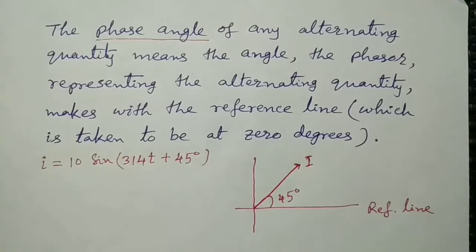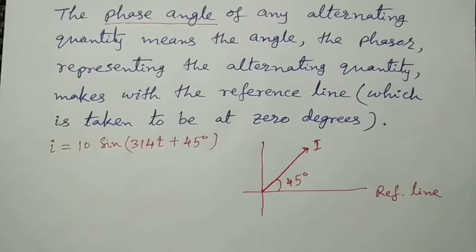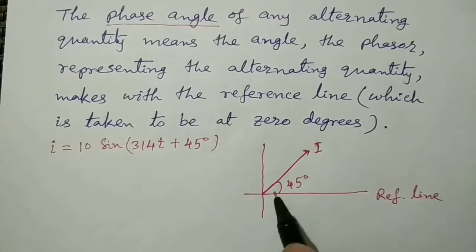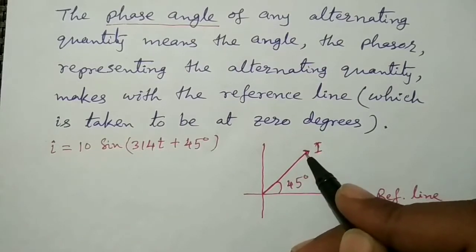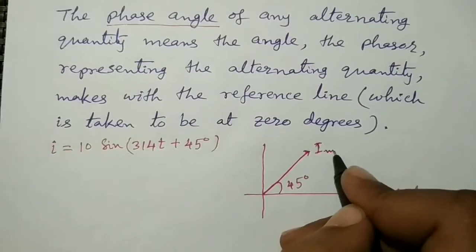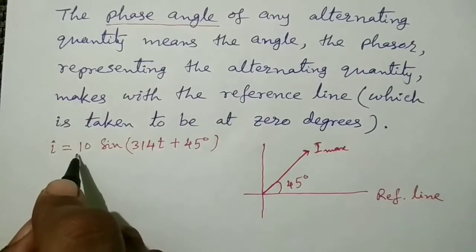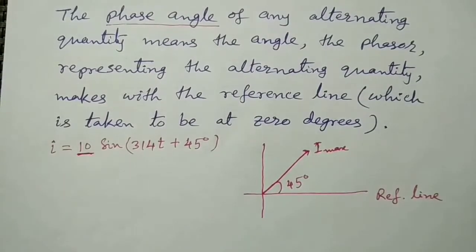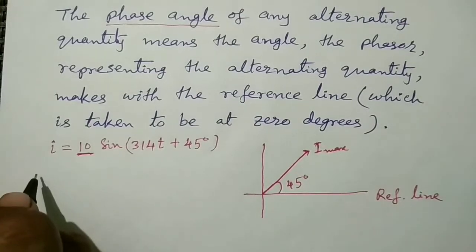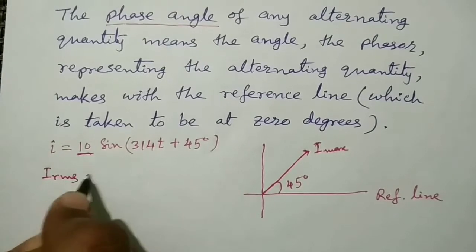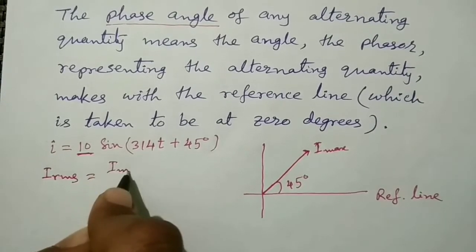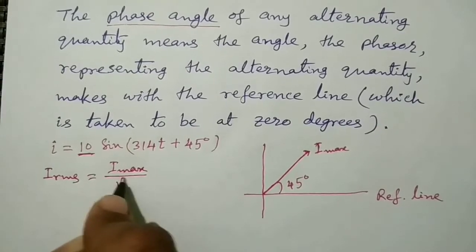Here you must know one point, that as we have seen, the phasor is always drawn by taking its maximum value. That means here the I is nothing but I max. It is equal to the amplitude of the alternating current. But in practical case, as we know, the RMS value is equal to I max upon root 2.